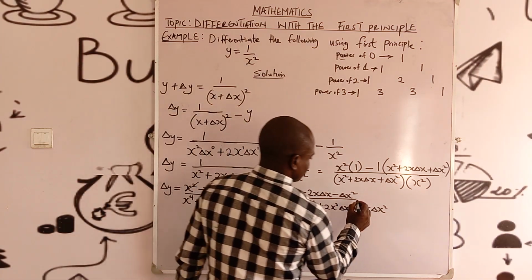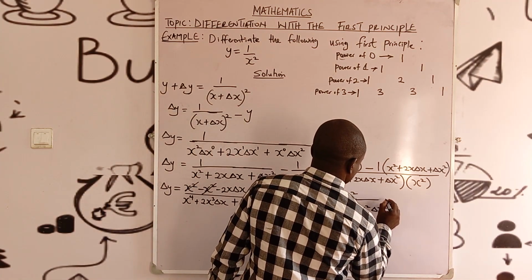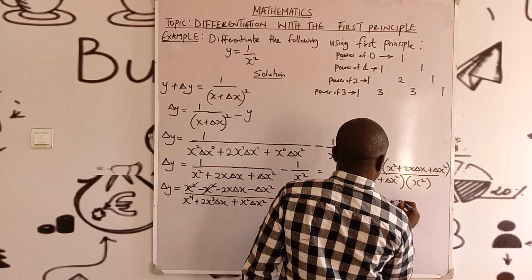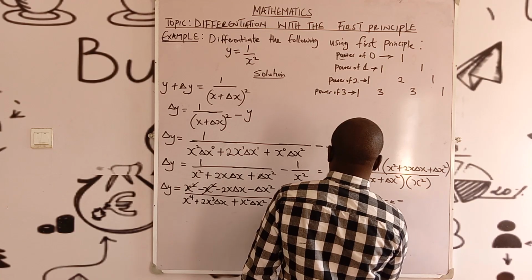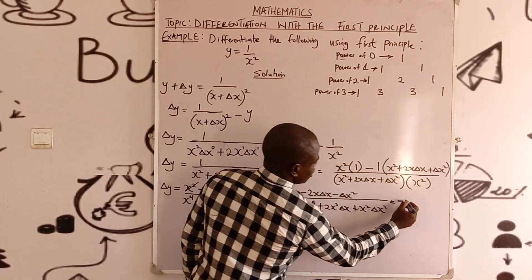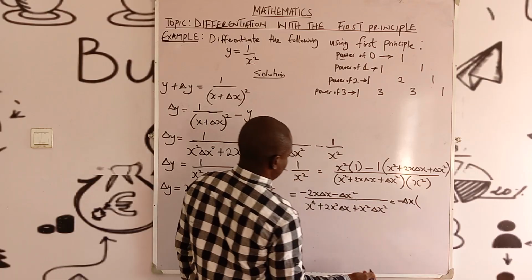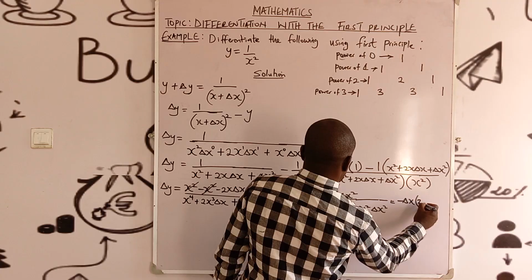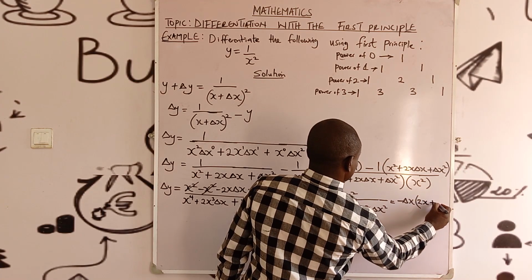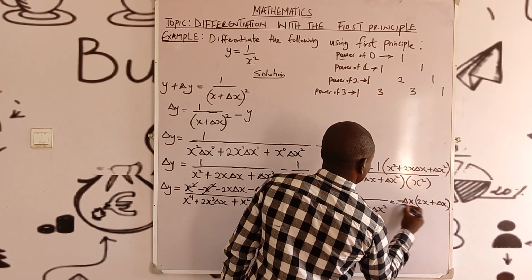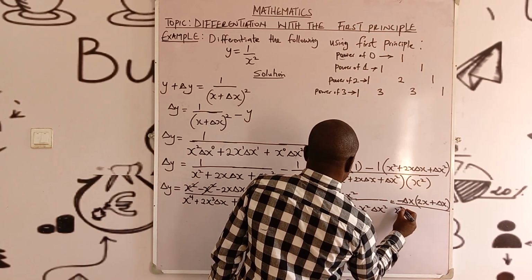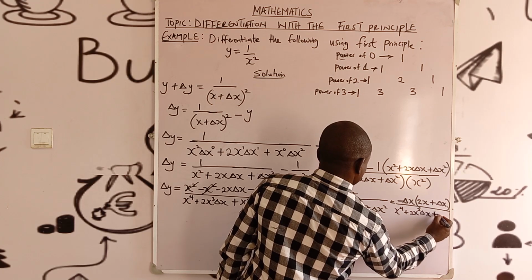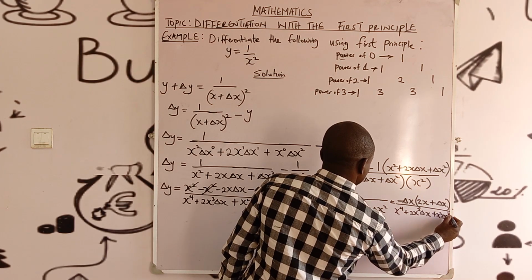Now let's factorize out. What's common? You have minus dx, open brackets, 2x plus dx over x raised to power 4 plus 2x cubed dx plus x squared dx squared.